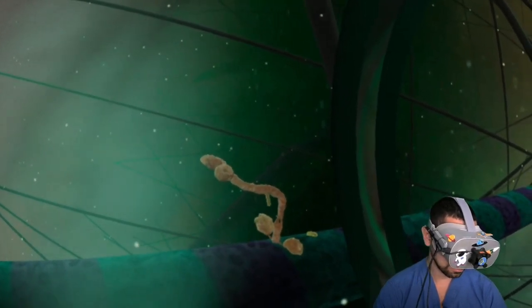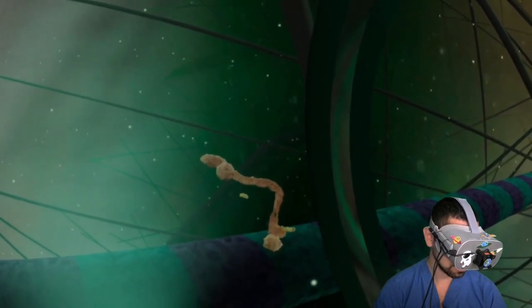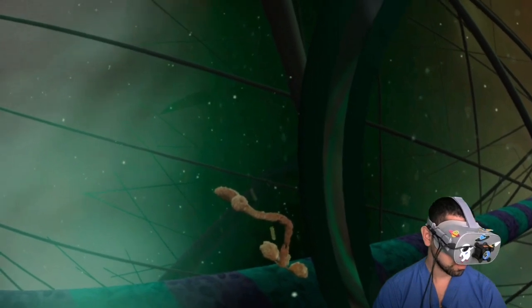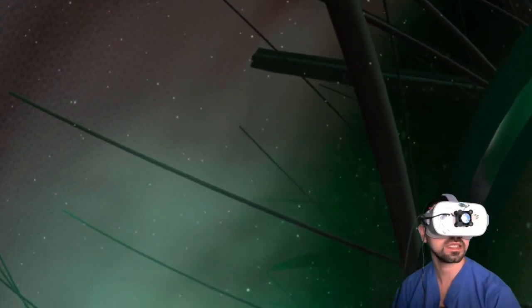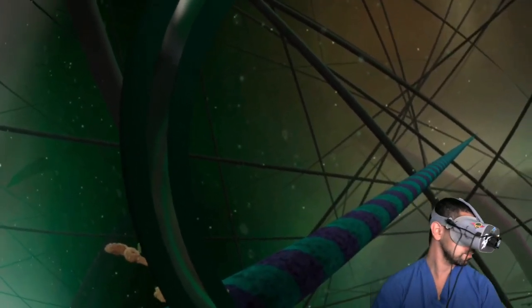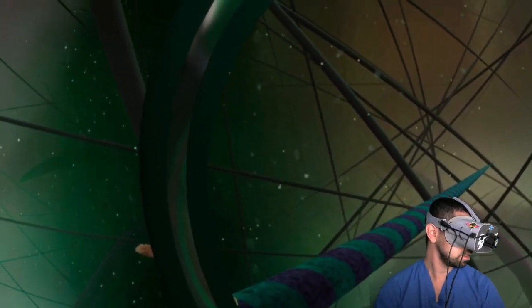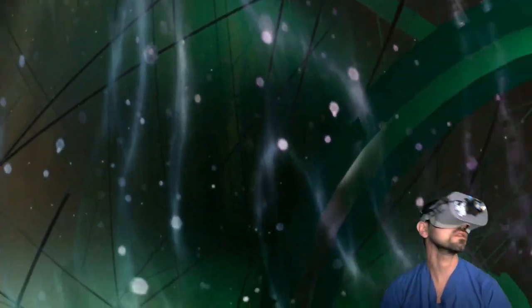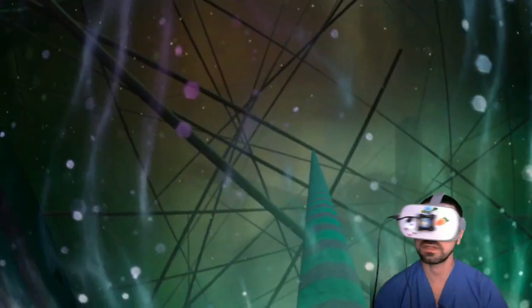You can see the small strands of ATP. It can take up to 100 steps per second. That's faster than I can walk. Now let's tag along to go through the nucleus. Where is the nucleus?